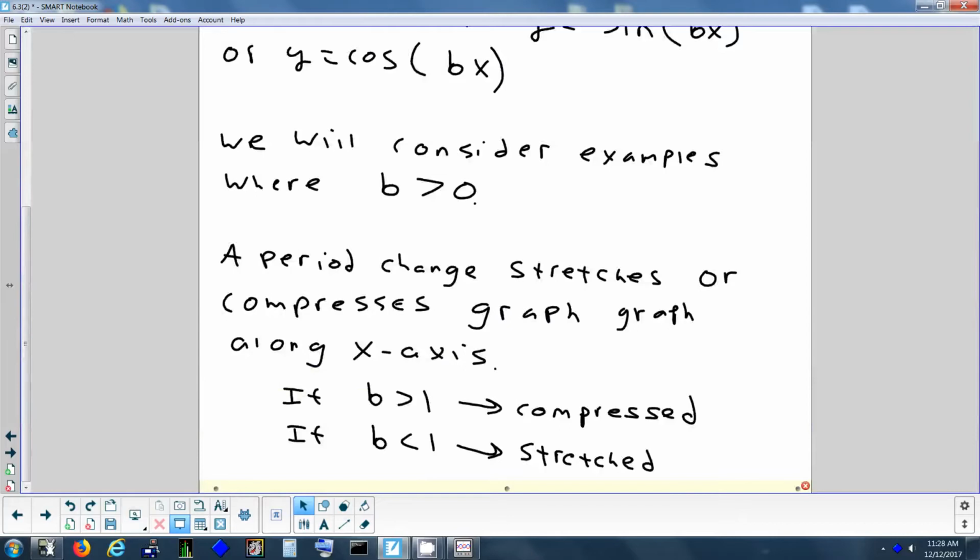So if you graph sine of 50x, you're going to compress the graph 50 times as much as the original. If you graph sine of 0.5x, that's going to stretch it. Okay, so greater than 1, compressed, less than 1, stretches.